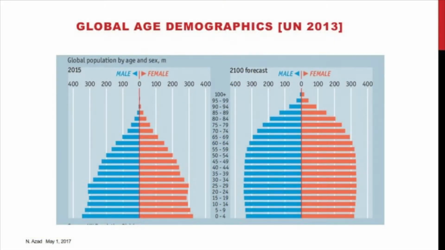I'm sure you're all aware of the aging demographics. If you look at it globally, we are all getting older, so that definitely has an impact on the pensioners and who is going to support them.